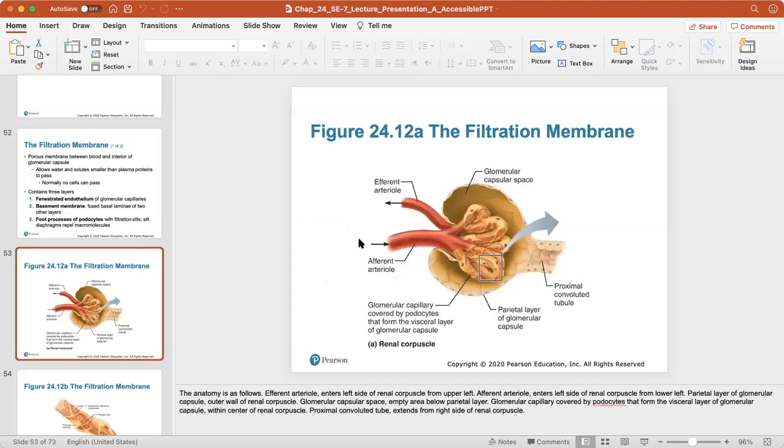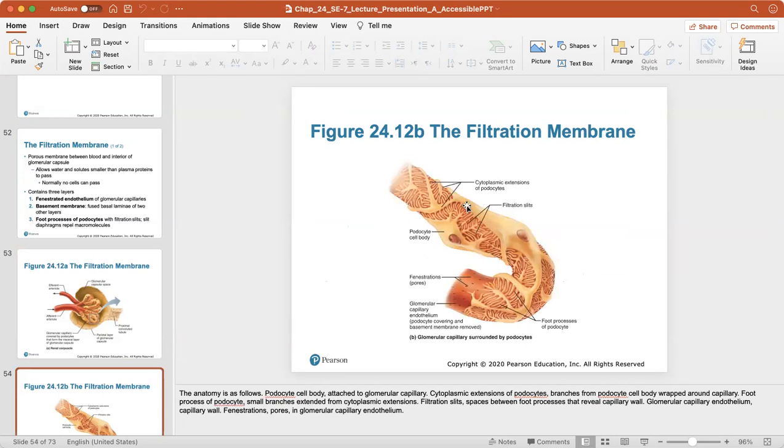So this is a look at the filtration membrane. Here we have the afferent arteriole bringing blood in, the efferent arteriole bringing blood out, and we're going to zoom in on this filtration membrane. The filtration membrane itself is made up of these podocytes, which are cell bodies, and their cytoplasmic extensions make these little foot-like processes, and the filtration slits allow substances to pass through, as well as the fenestrations themselves.